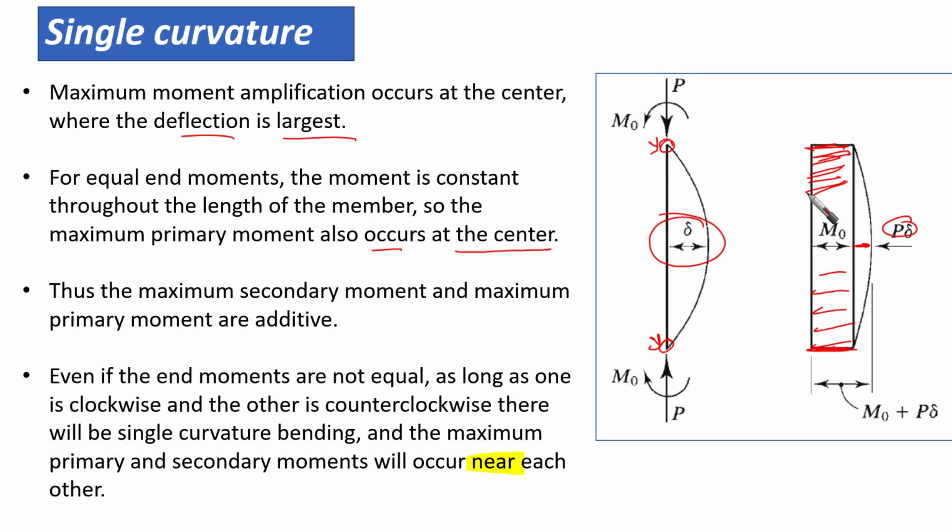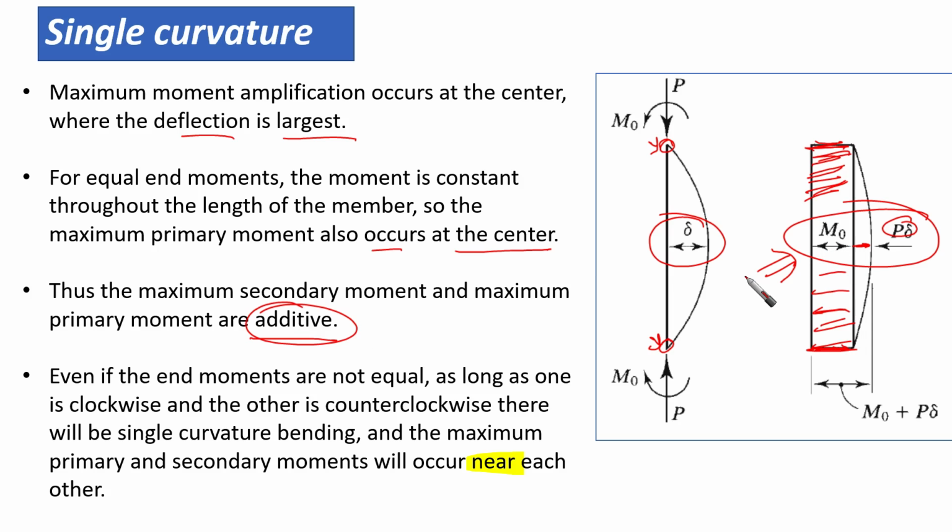If we have equal moment at the top and bottom, then we are expecting the maximum moment to occur in the middle. Thus, the maximum secondary moment and maximum primary moment are additive. Additive means that they are going to be added to one another.